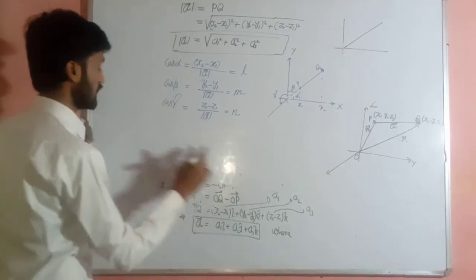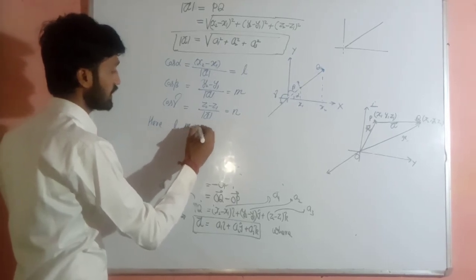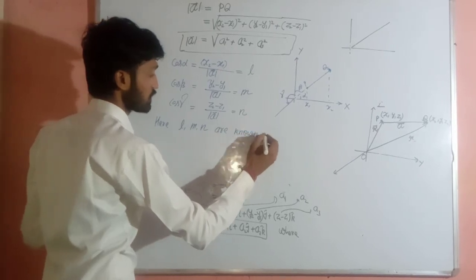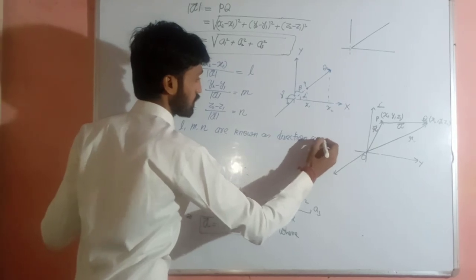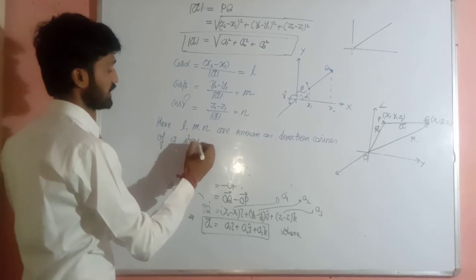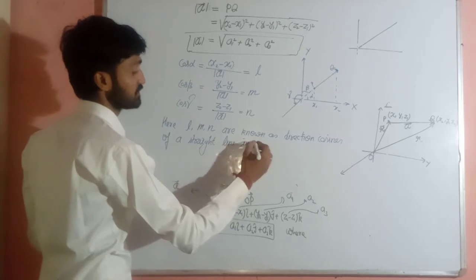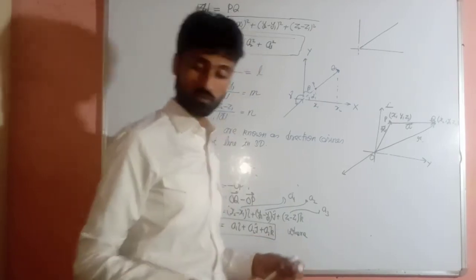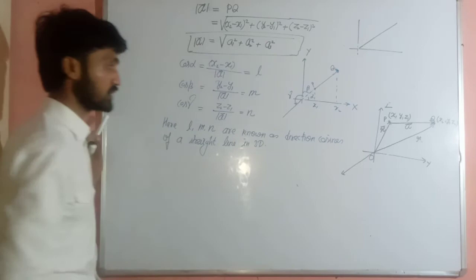Okay, these L, M and N are known as direction cosines of a straight line in 3D. In case of 2D, we define slope or gradient. So in the next section, we define a property related to the direction cosines.